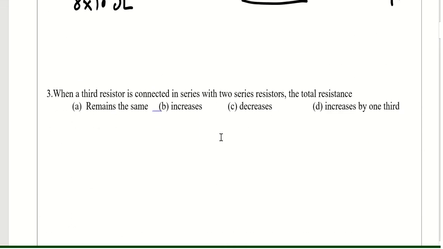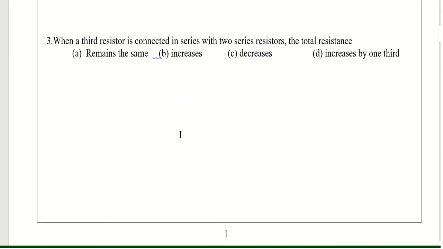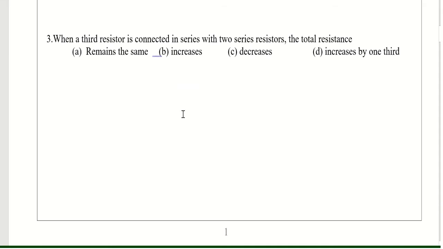Now let's move to question number 3. The question says, when a third resistor is connected in series with two resistors, the total resistance will be what? The options are remains the same, increases, decreases, or increases by 1/3.